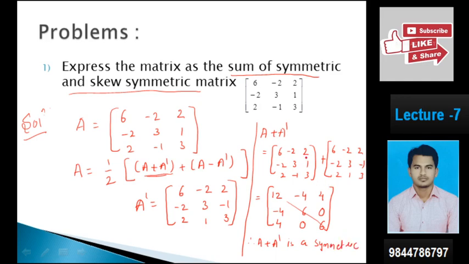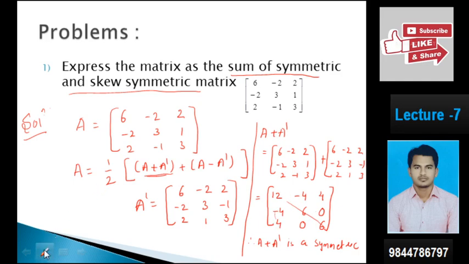By observing the matrix A, it is not symmetric, since here 1 and minus 1 differ. But when we add the transpose to the given matrix, the resultant is symmetric. Clear?